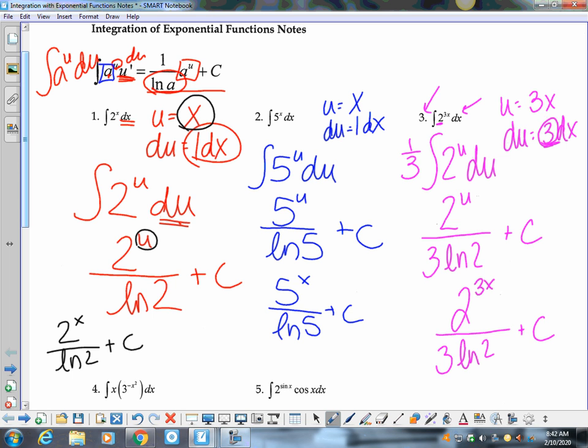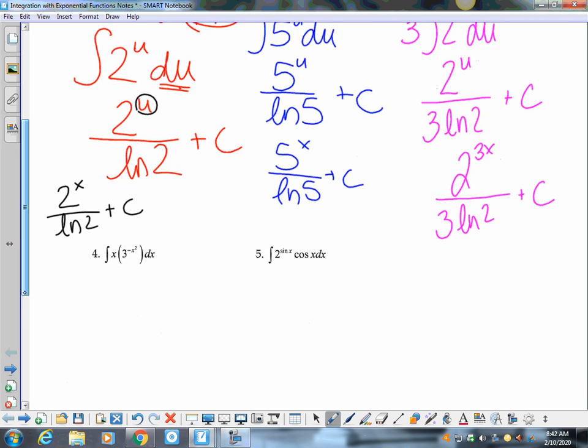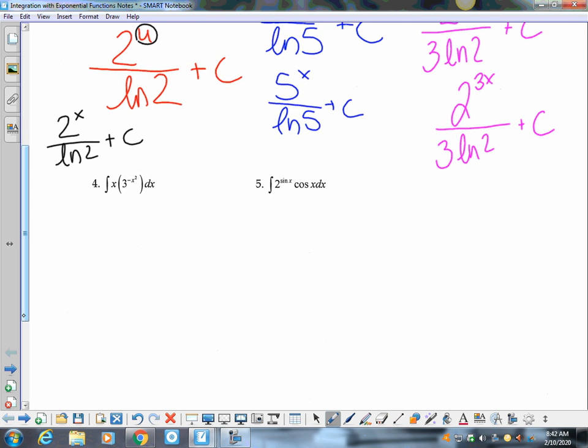How else could they write that? What are numbers that are out front of logs? So this could be 2 to 3x over ln of what? Yep. And they could do that and not tell you that they're going to do that, but if you go answer shopping and you see an ln of 8, it's going to throw you off because you're looking for an ln of 2. So don't answer shop.